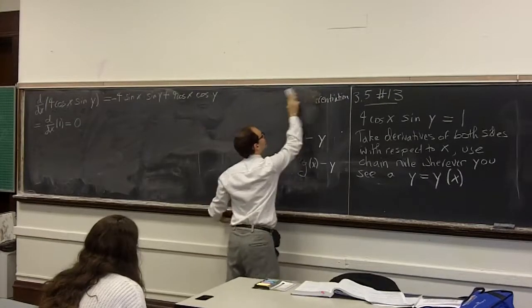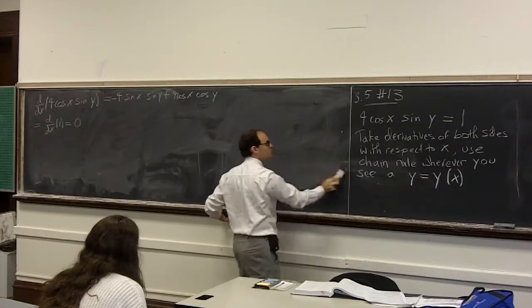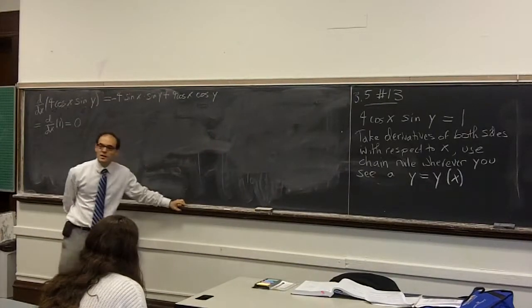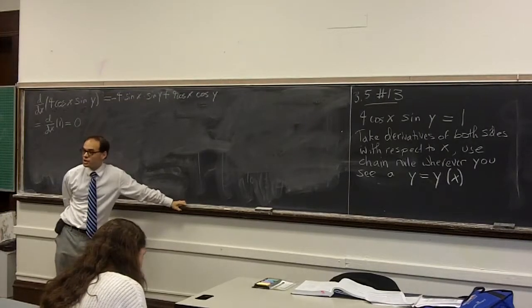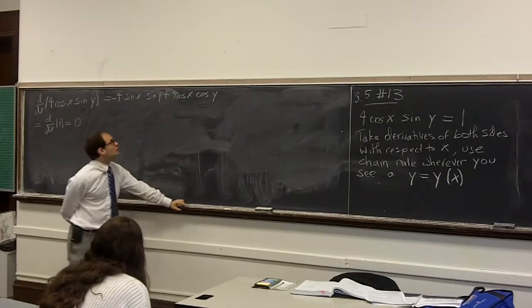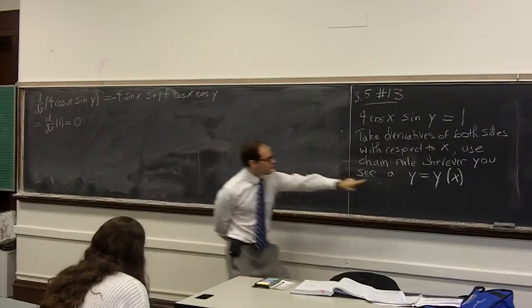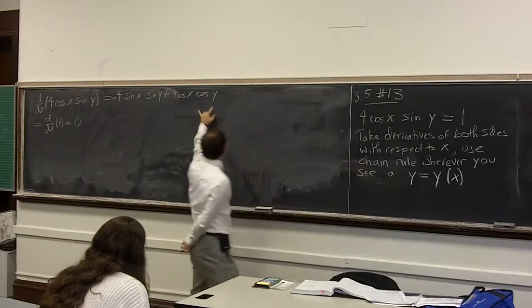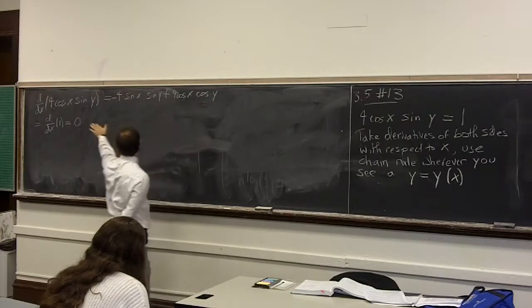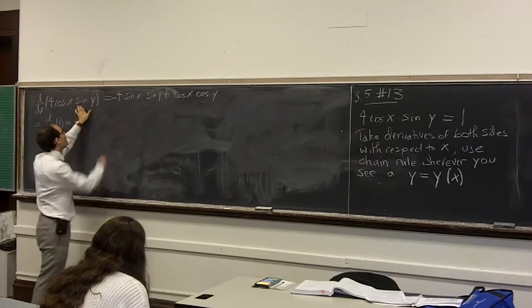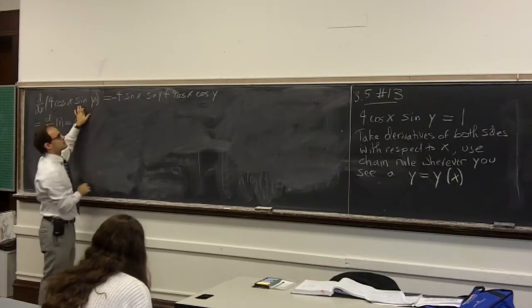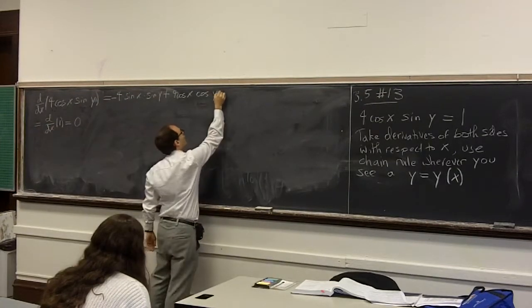No. Right. See, this is the most common mistake that one makes when using implicit differentiation and when you're using the chain rule. Because remember, this y is a function of x. Here we took the derivative to get our cosine, took the derivative of sine of y of x. This is cosine y of x.